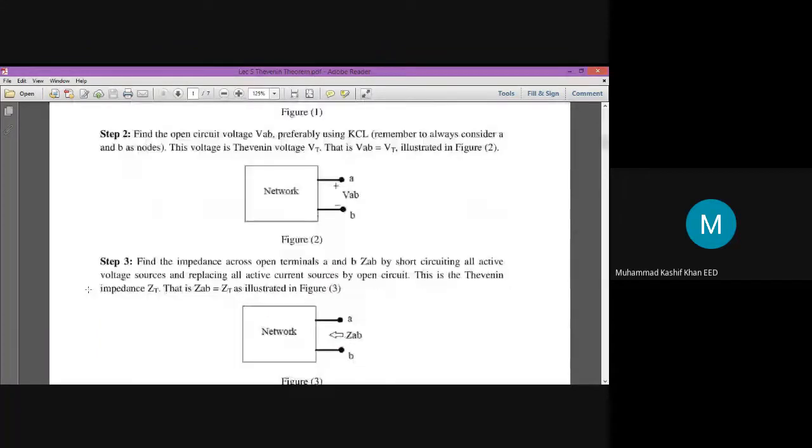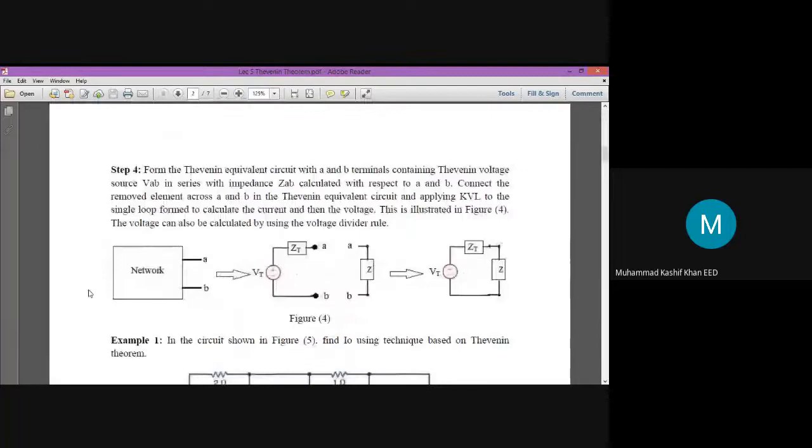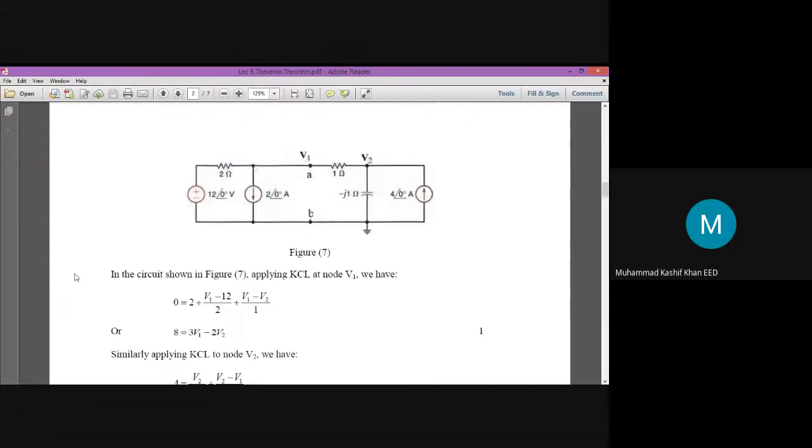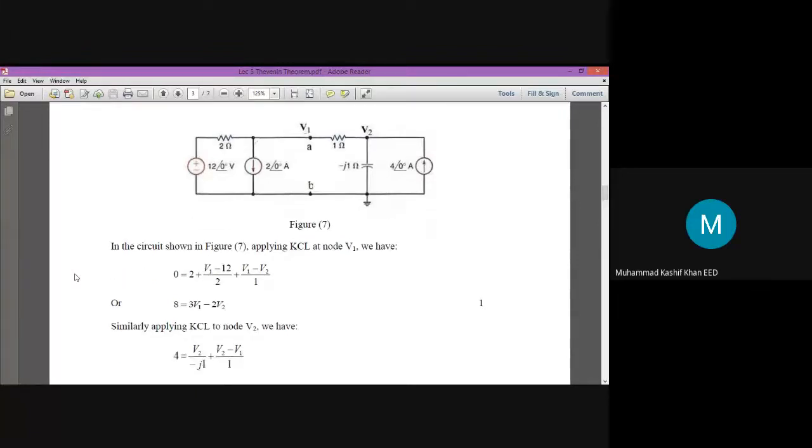I have no particular statement for Thevenin theorem, because I cannot say something specific like current input is equal to current output. But I have told you the procedure. If you are interested in the statement, you can Google it. I will also check it and post it in the Google Classroom, right? Yes, sir. Any other thing?